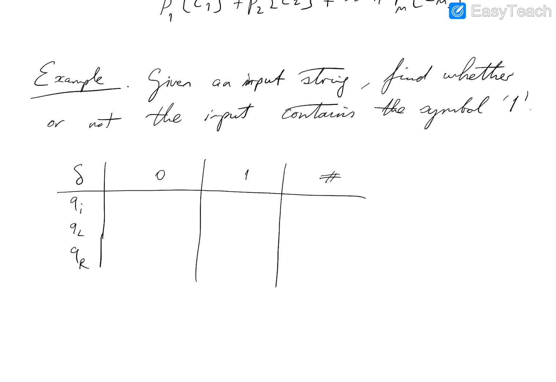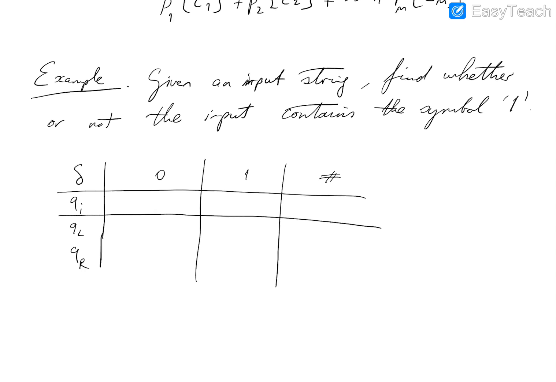Now, if we're in state Qi and we are reading 0, and let's also suppose that we start reading the input string from the midsection of the string, then the computation starts with 50% of the time the tape head moving to the left, and 50% of the time moving to the right.